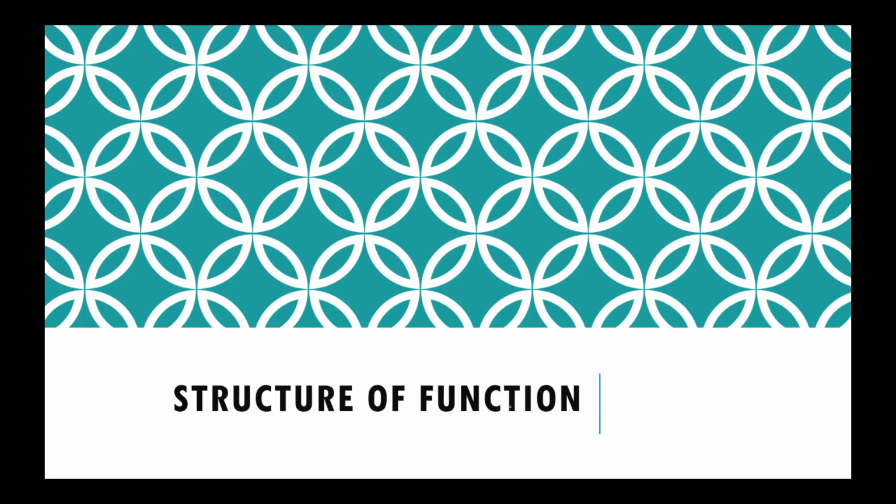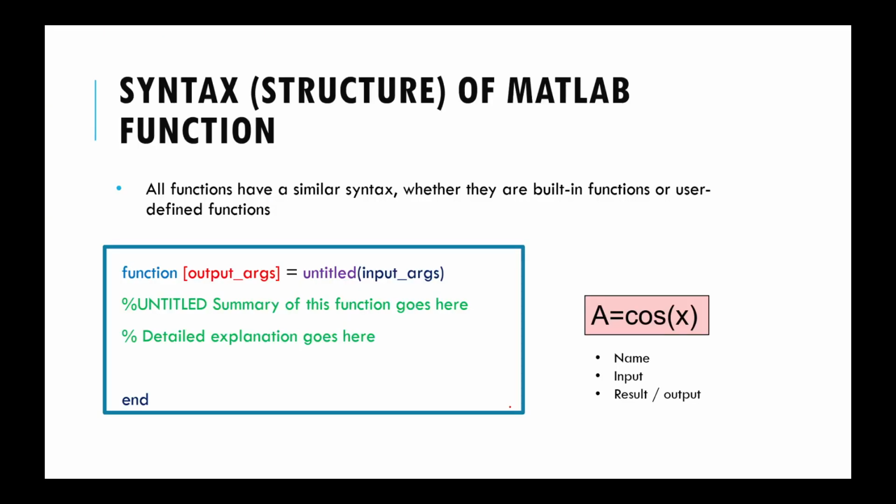Now, let's take a look at the structure of a function file. Before we jump into MATLAB, we are going to look at the structure of a user-defined function. Here, in this blue line box is an example of the syntax, or structure, of a MATLAB function.